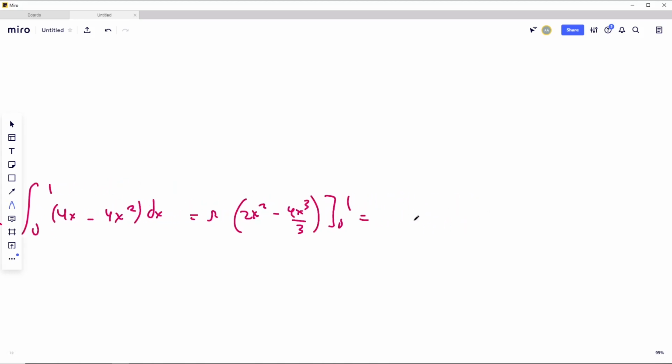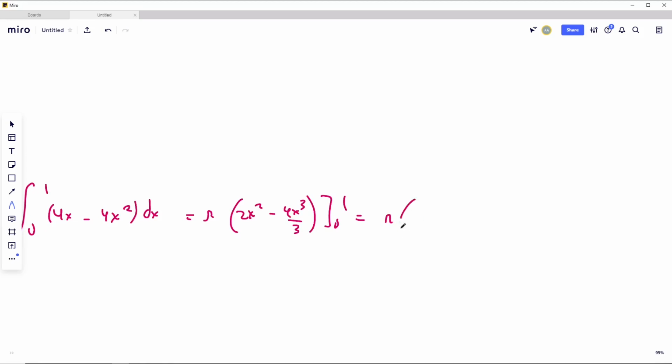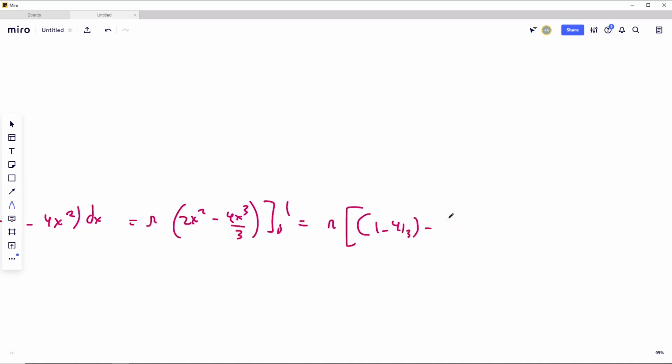Let's substitute quickly. This is pi, 1 here, so it gives you 1 minus 4 over 3 minus 0.